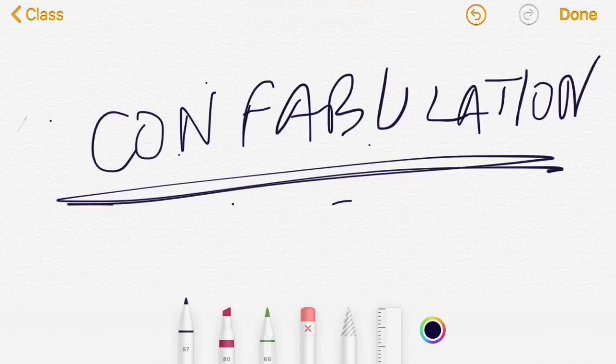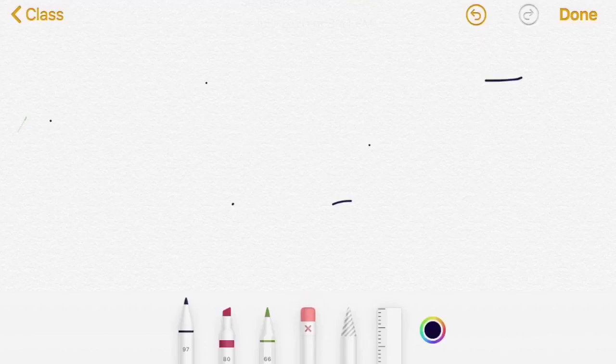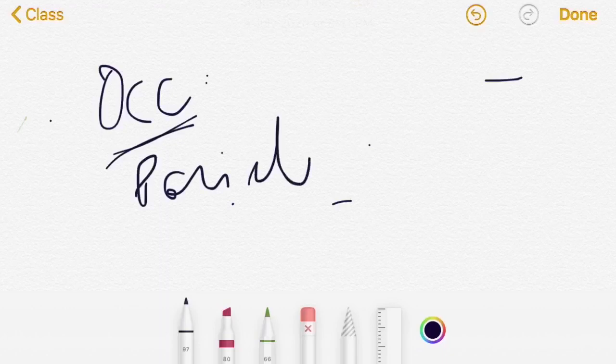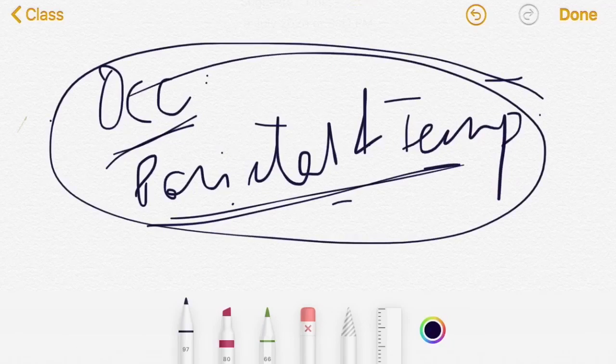Now, the visual association cortex, these are the areas number 18 and 19. They are distributed throughout the entire occipital lobe and a bit of the posterior part of the parietal as well as temporal lobe. So, it is a diffuse distribution of areas 18 and 19.